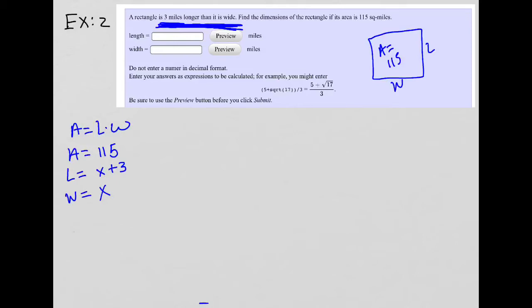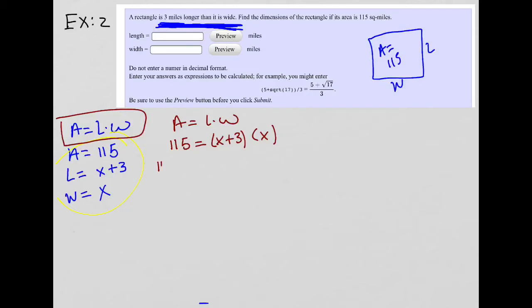Now, given this information, we're going to substitute this into our area formula. So A equals length times width. I know A is 115. The length is x plus 3, and the width is x. Since I'm going to be solving for x, I'm going to distribute. This is x squared plus 3x.